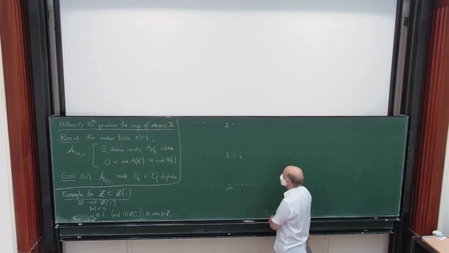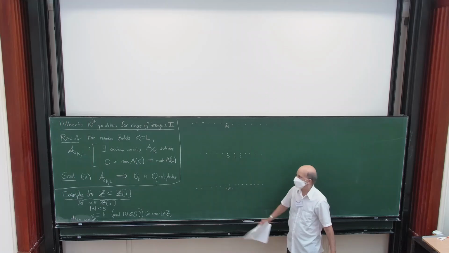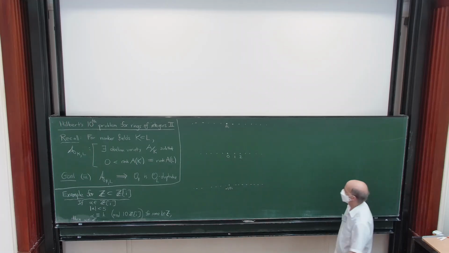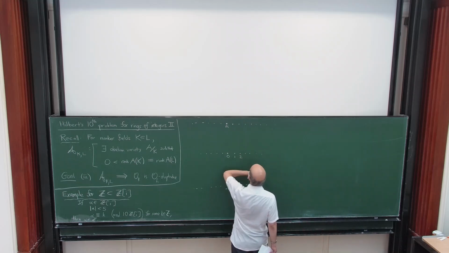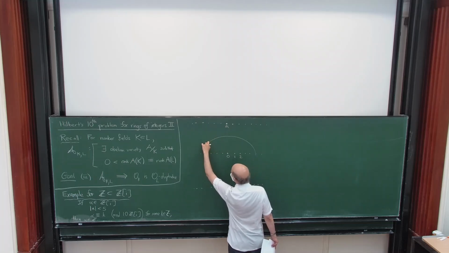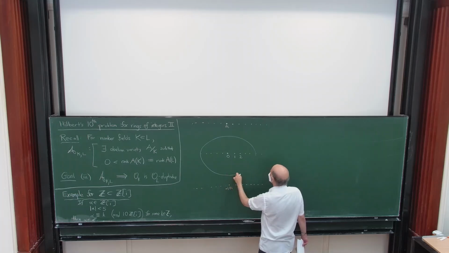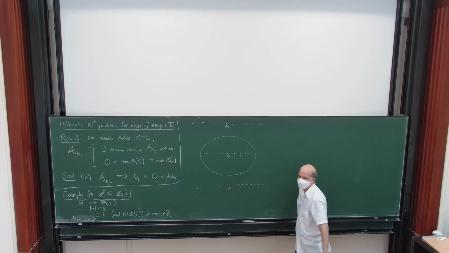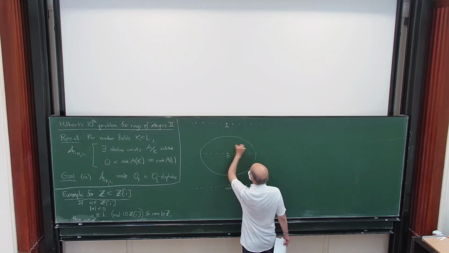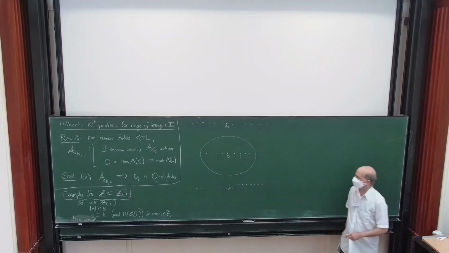The congruence by itself is not enough to tell you that your element is in Z. But if you also know that its absolute value is small enough, that it lies in this circle of radius 5, then you can see where it has to be.